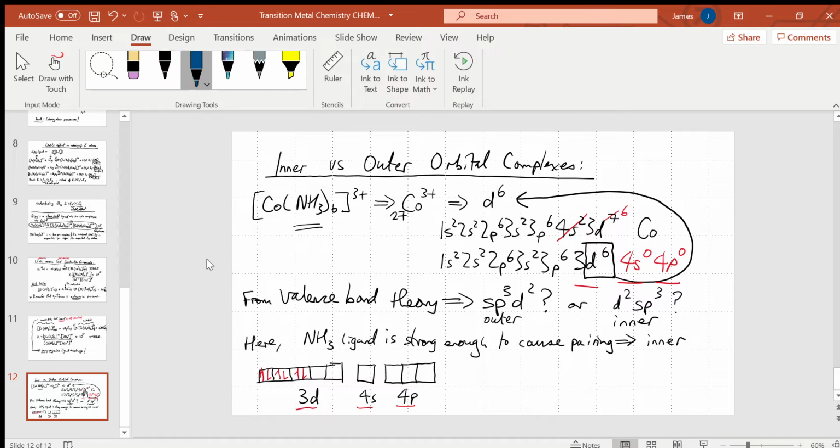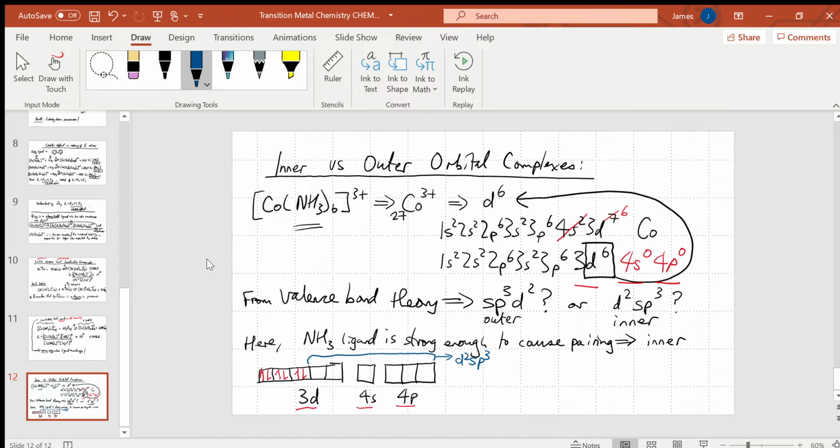They leave space for these orbitals to hybridize. So we've got 2 d's, an s, and 3 p's, which is what we said makes it inner.